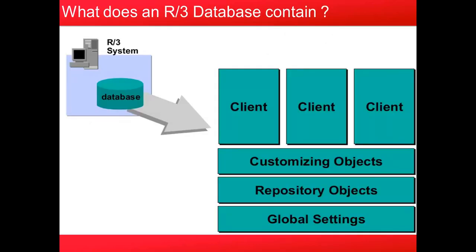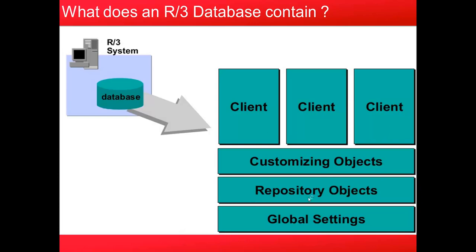So what does an R3 or an SAP database contain? This is a picture of how the SAP system looks. Here you have an SAP system which has this database, and this database has multiple clients. At the bottom you have global settings, which apply to all the clients.